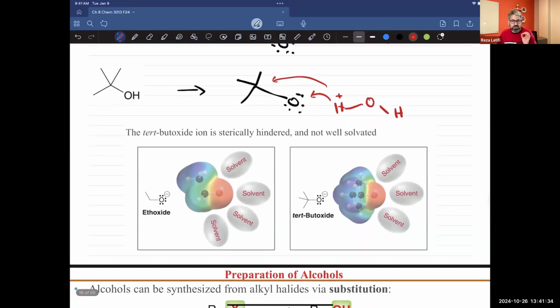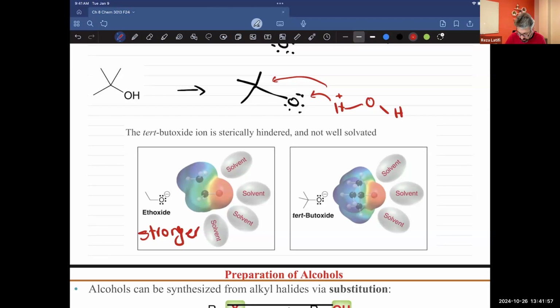So I'm going to say the solvation, or interaction of solvent with the conjugate base, when it's linear, will be easier. So the interaction between solvent and the conjugate base on ethoxide is going to be stronger. And I have 4 solvent molecules there.